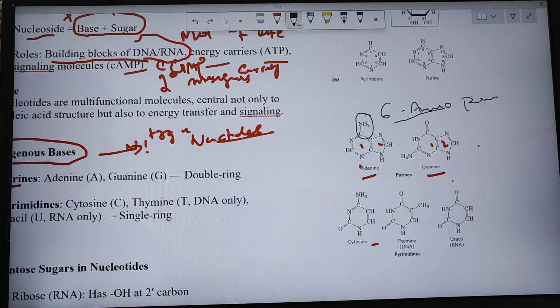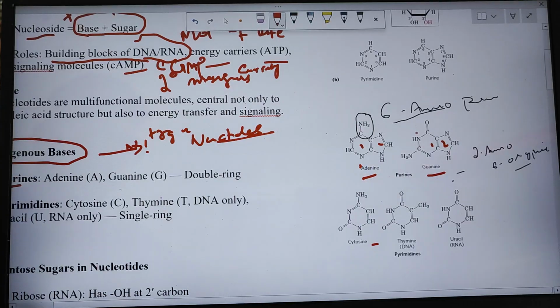The second example of the purine bases is guanine. It's also known as 2-amino 6-oxypurine, because it has an amino group at carbon number 2 of the heterocyclic ring and a keto group at carbon number 6 here.